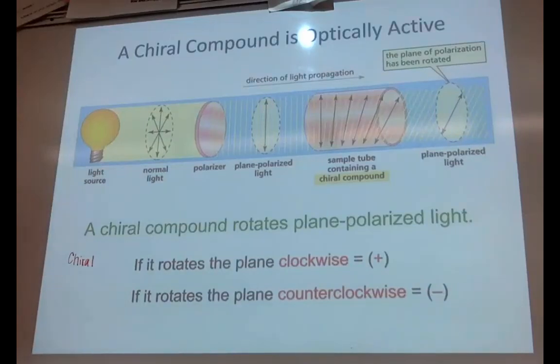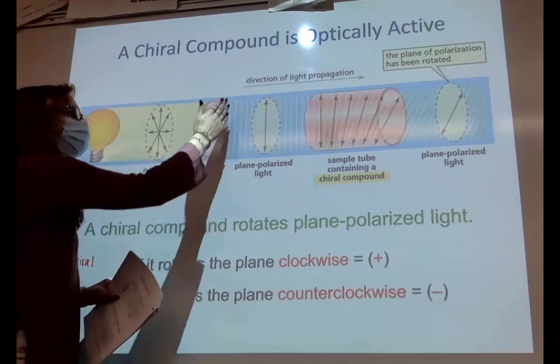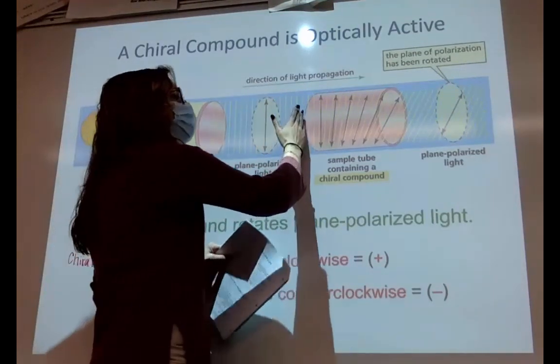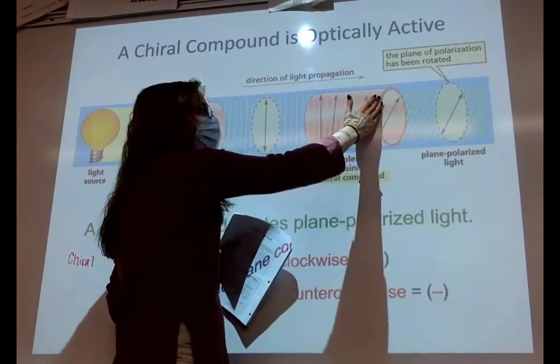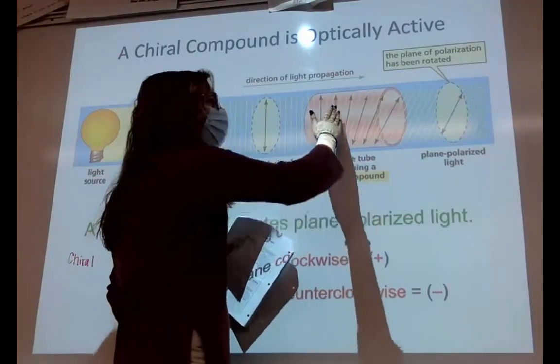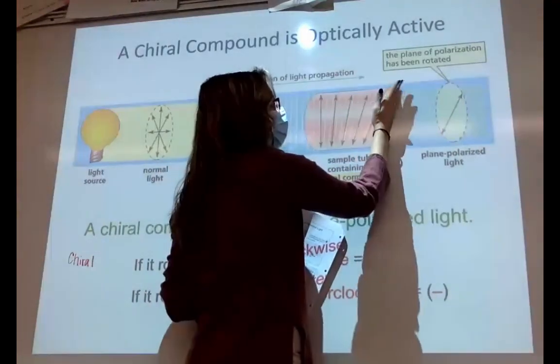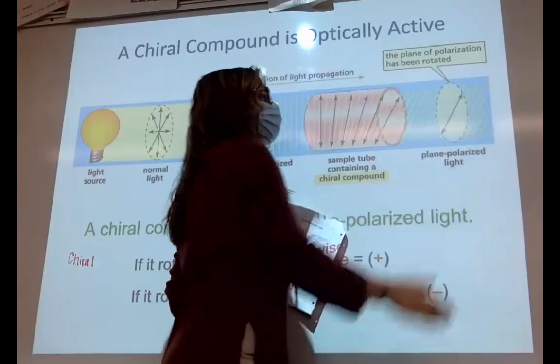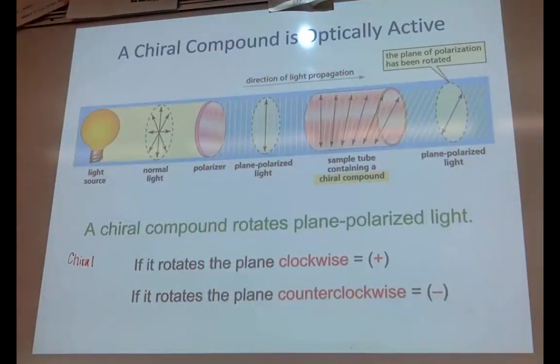A chiral compound is optically active. You do the same thing: you have the polarizer, here's the polarized light, and you continue to shine that polarized light through the sample with a chiral compound, and what actually happens is that it slightly rotates the light. So now the light is shining in a rotated direction.